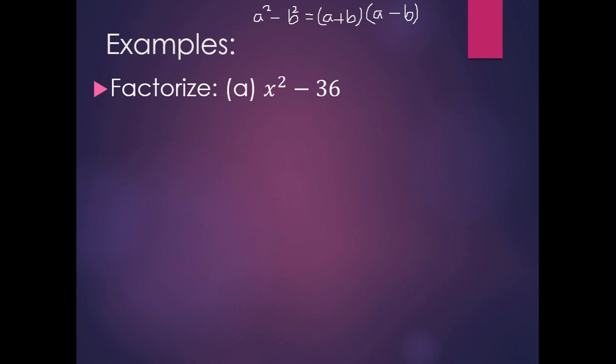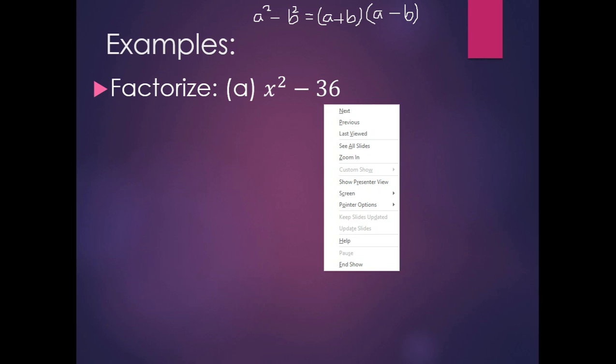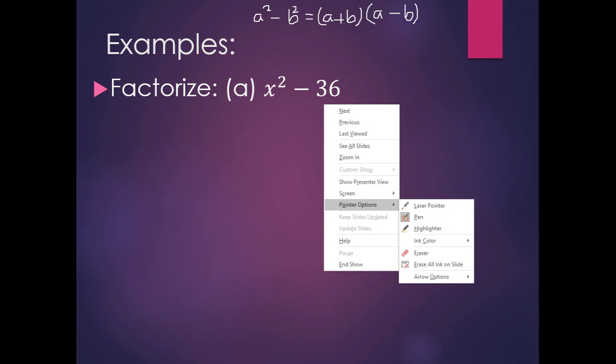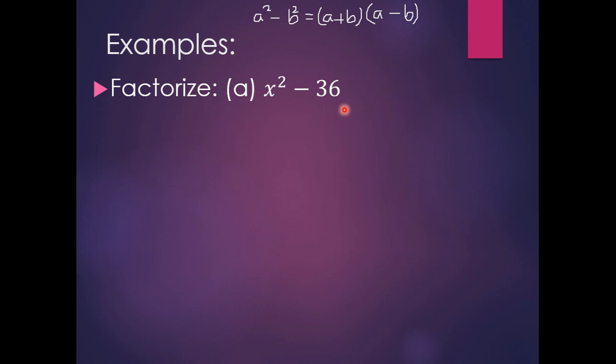Using this formula we can factorize, because this first term is a perfect square and the second term is also a perfect square. If we have two perfect square terms and there is a minus sign in the middle, then we can use this formula for factorization. So x square, x whole square you can write, and the square root of 36 is 6.